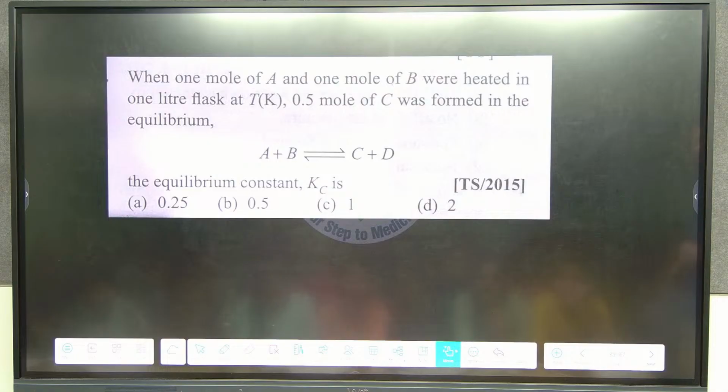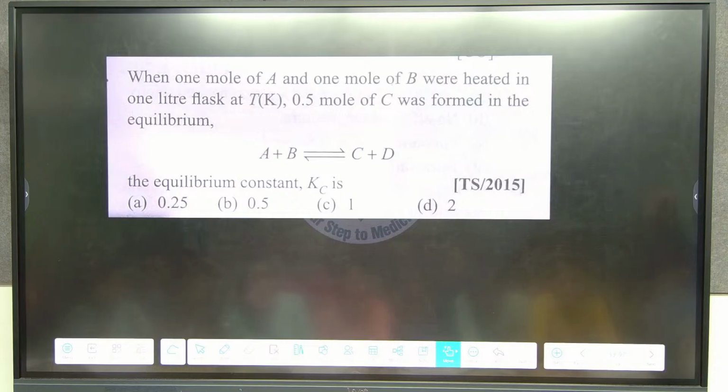What is the equilibrium constant? Very easy. How to do this? Initially, 1 mole of A and B. Do they have any C and D? No, so it will be 0, 0.